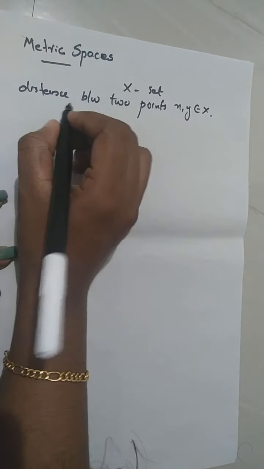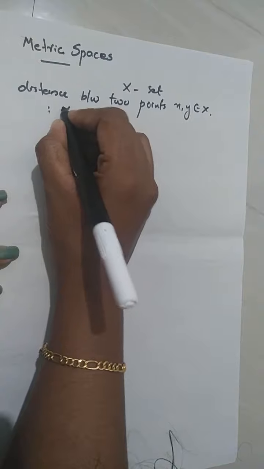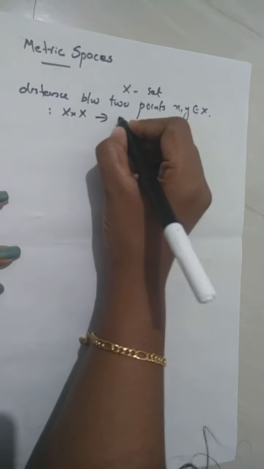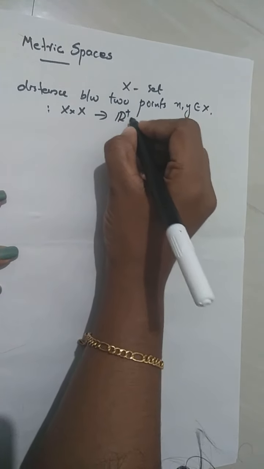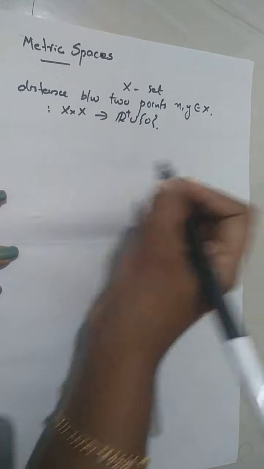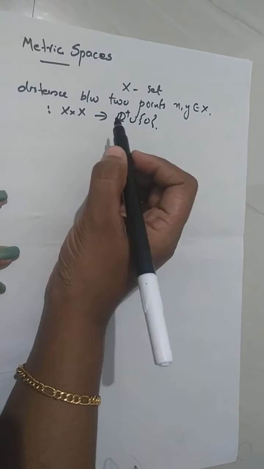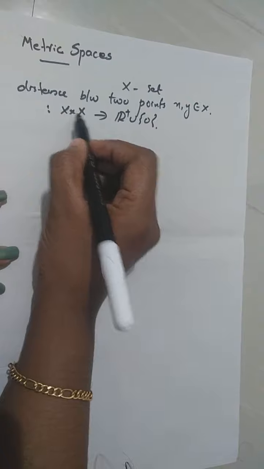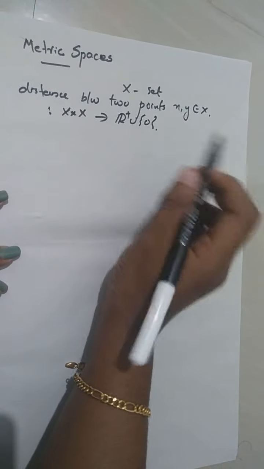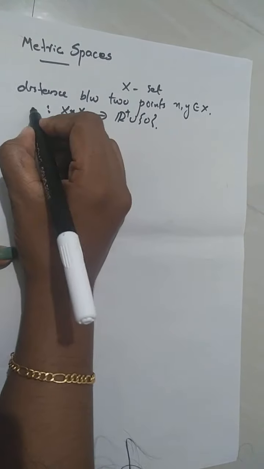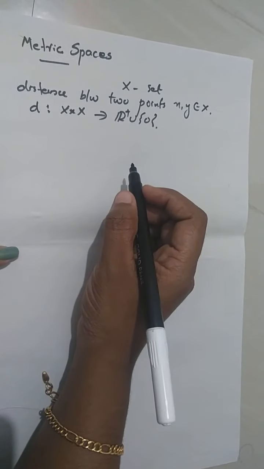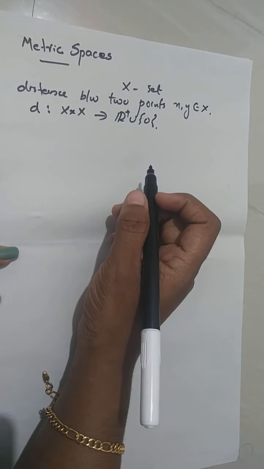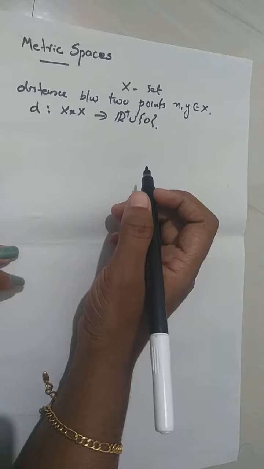So distance is always a function from the cross product X cross X into R plus union the set 0. We will represent this distance as D. Then distance D is a mapping from X cross X to R plus union {0}.